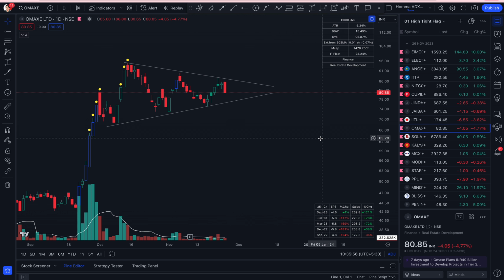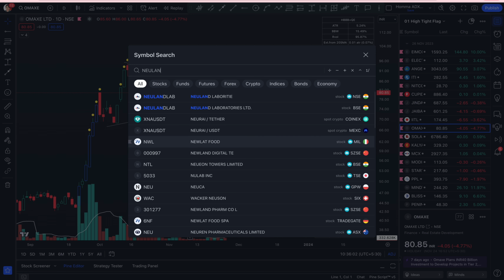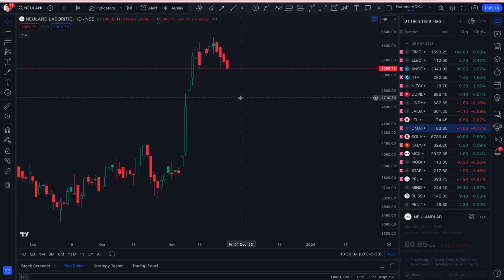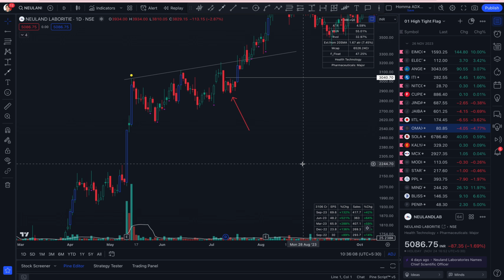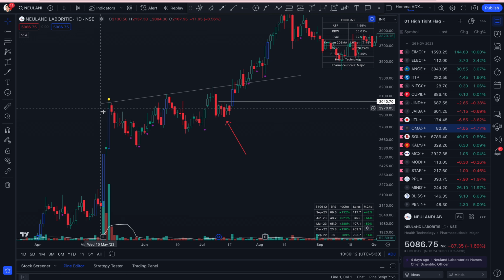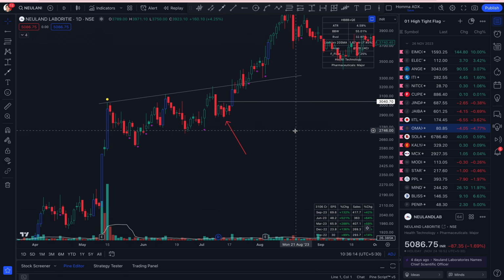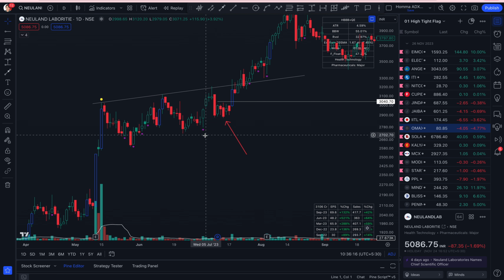So for example, one example which I can tell you because I traded it is Newland Labs. In Newland Labs, when we had a high tight flag slash VCP here, this was T1, this was T2, this was T3. So here there is a clean pivot. Actually, even this was a pivot, because the low here and the low in the next candle is higher than the low here, right? This low is 2875.4.